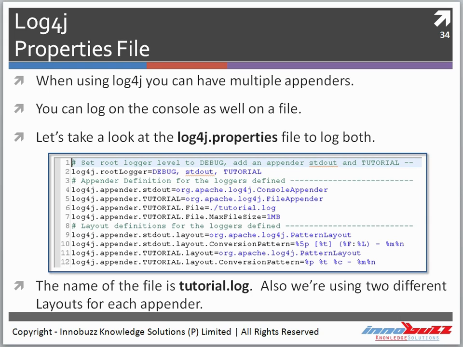Then, on line 6, we define the name of the file, and at line 7, the max size that the file can have. Then, on lines 9 and 10, we define the layout for the standard out appender, and on lines 11 and 12, we define the layout for the tutorial appender. Notice that you can define different layouts for each appender.